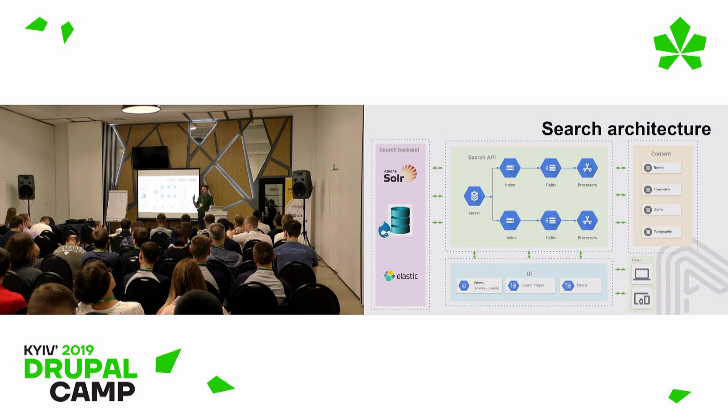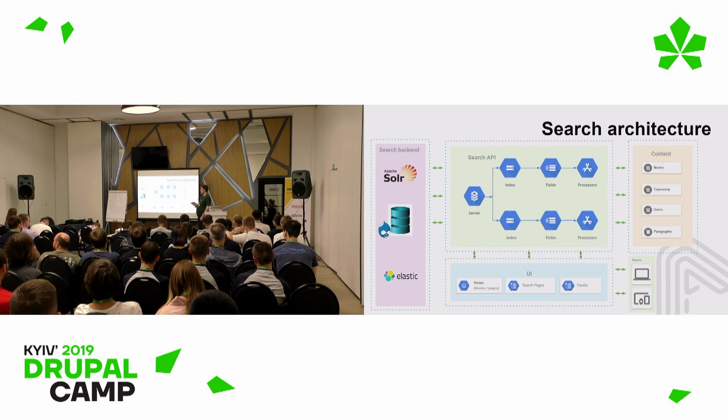And when we check the structure of Search API, we will see that it consists of a server part, which is related to a search backend. A server can have one or multiple indexes, which also contain fields, and the field data can be processed by processors. And after that, we can see that we also have a content section.